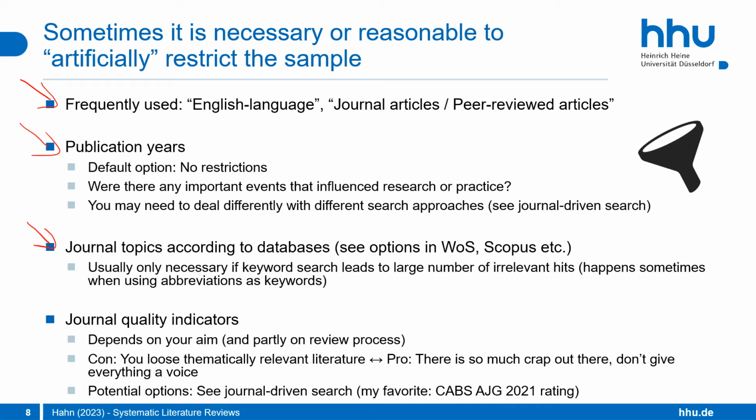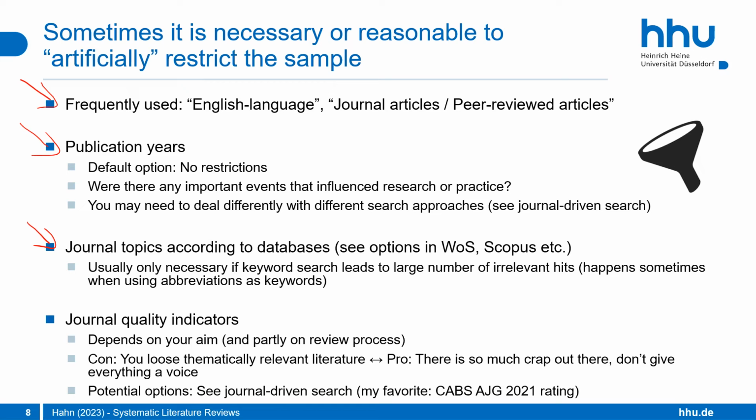You could also restrict topics, very often journal topics, according to the databases that you use. That might be different in different databases. That might be especially relevant if you have very many keyword hits in the database search, and many of them are irrelevant.